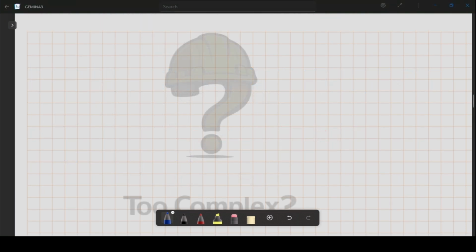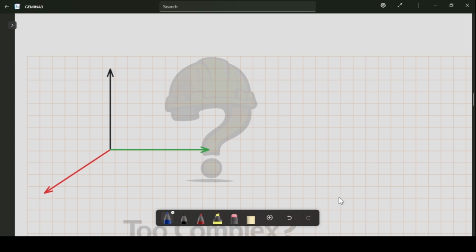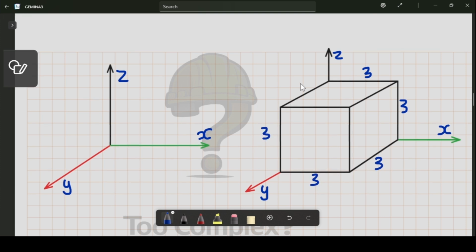To find J sub V, we are given joint spacing along 3 dimensions, which would look something like this. Okay, now if we put our cubic shaped boulder, we would have something like this. So this will be our X, this will be our Y, this will be our Z. Likewise, X, Y, and Z. So everything here is 3, 3, 3, 3, and 3.